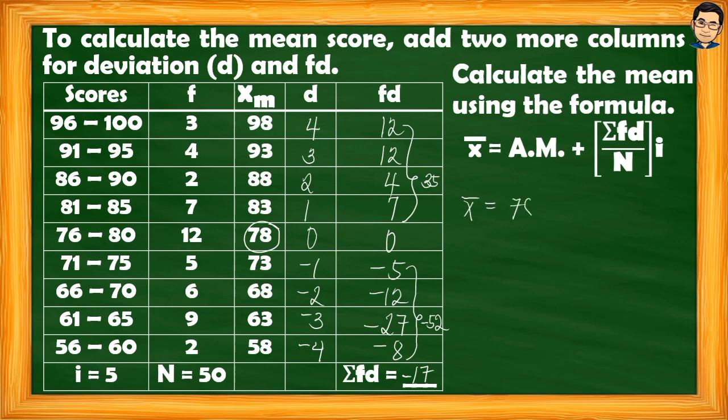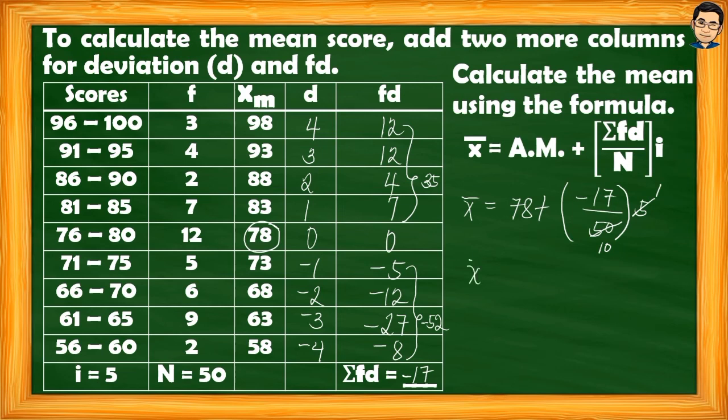So, 78 plus the summation of the product of frequency and deviation, which is negative 17, over n, which is 50, times the interval, which is 5. The 5 and 50 can be simplified: 5 becomes 1 and 50 becomes 10, because their GCF is 5.